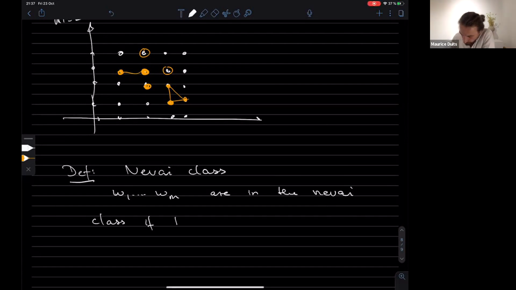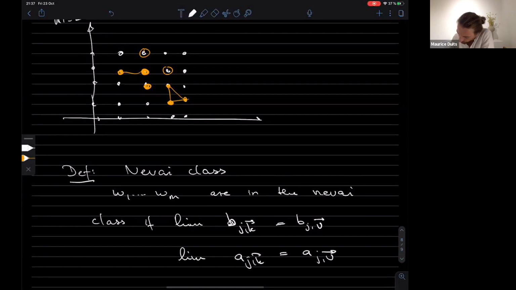if the limits of these coefficients, I had b coefficients, b_{j,k}, if there is a limit for those, let me call them b_j(ν), and a limit of the a_{j,k}, and this is going to be a_j(ν).